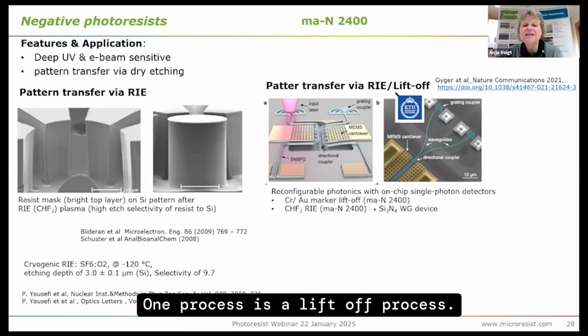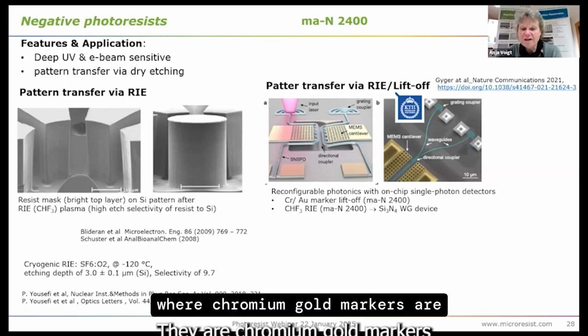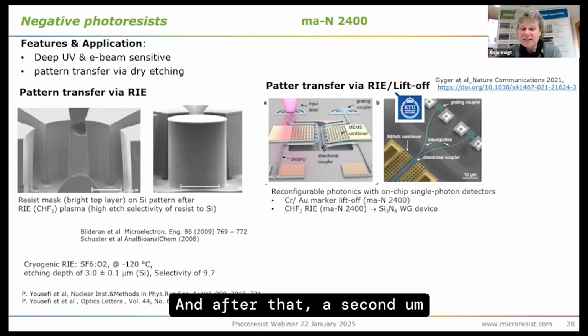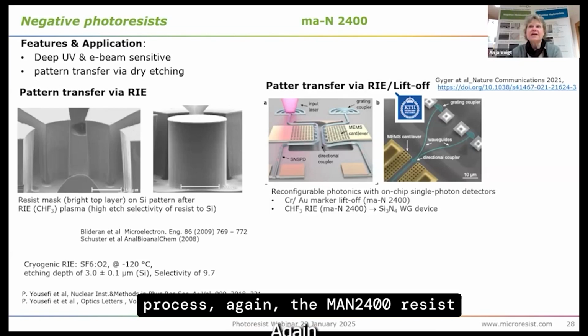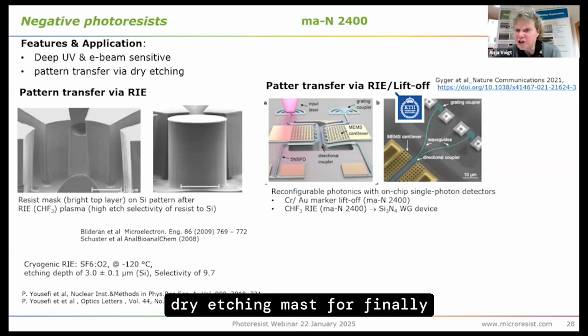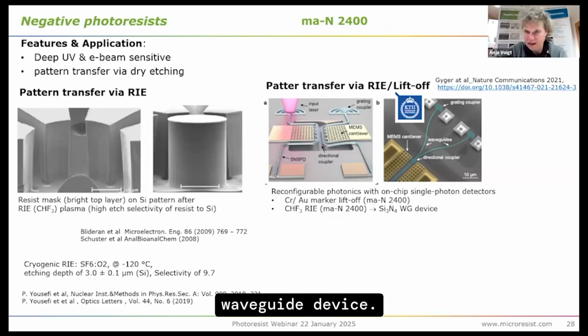One process is a lift-off process where chromium gold markers are generated via lift-off. And after that, in a second process, again, the MAN 2400 resist was coated on top and then used as dry etching mask to finally generate a silicon nitride waveguide device.